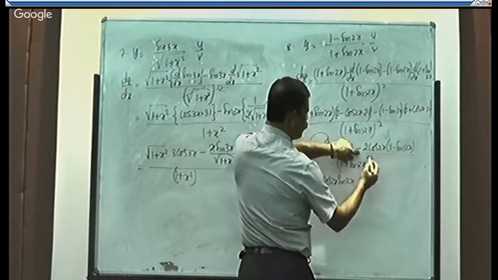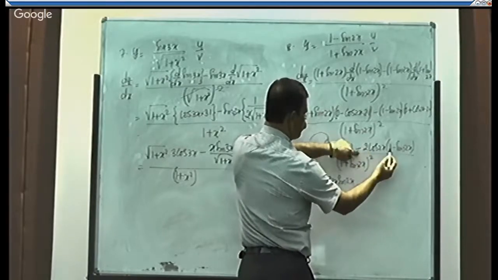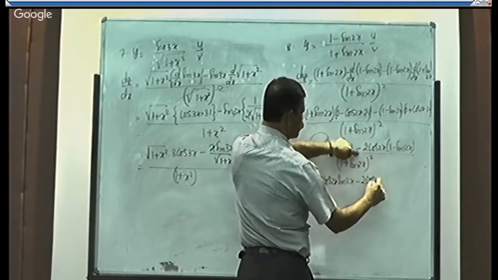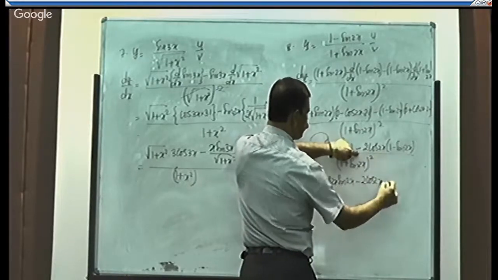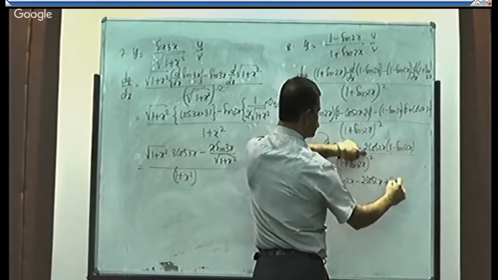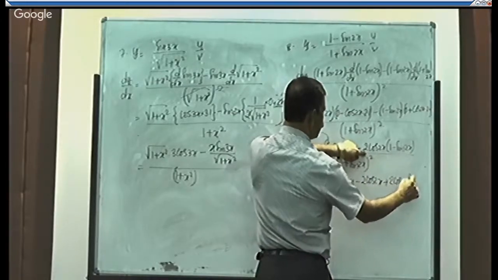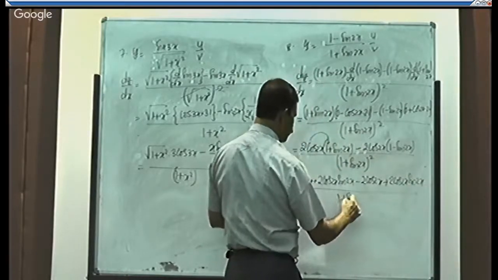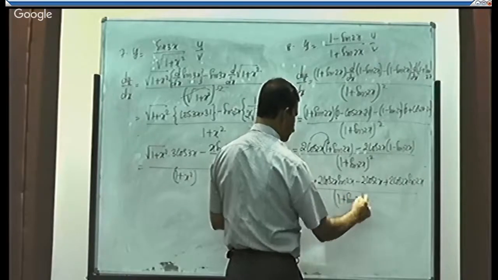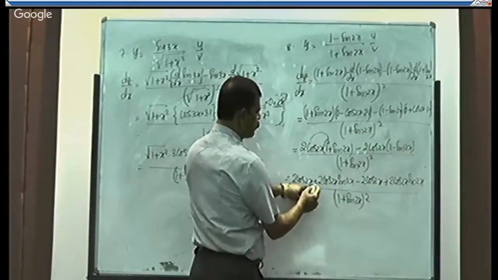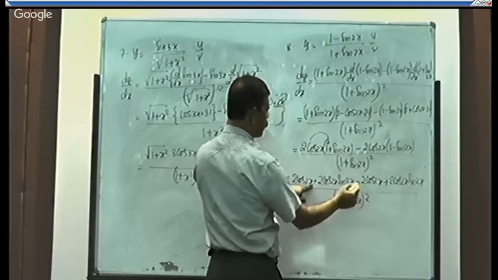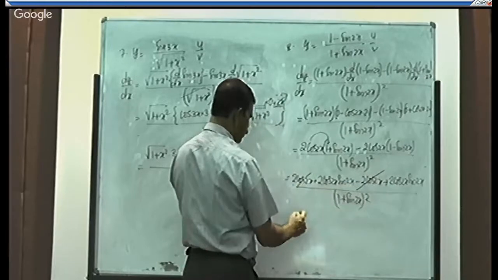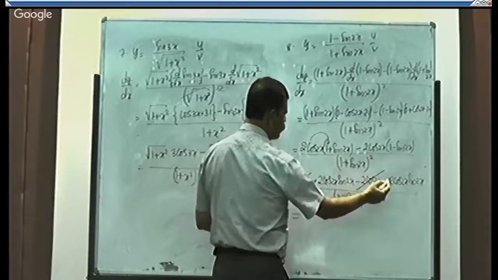Here also multiply the same way: minus into plus, minus 2 cos 2x into 1. 2 cos 2x, minus into minus, plus 2 cos 2x into sin 2x, all divided by 1 plus sin 2x whole square. See, this is plus, this is also plus, this is minus, this is minus. These two get cancelled. 2 cos 2x sin 2x, 2 cos 2x sin 2x.